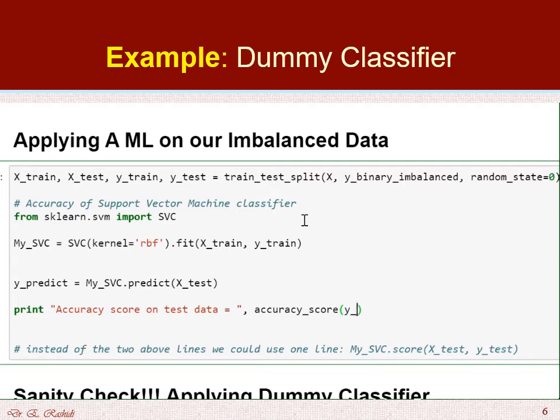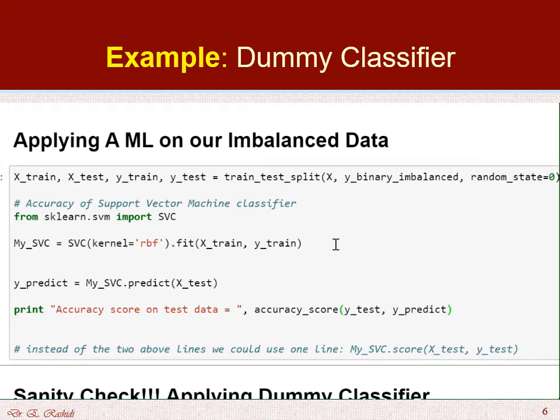I'm going to give it the Y target variable, the imbalanced data set, which we have set as Y test here. So that's Y test, and then our prediction is Y predict.